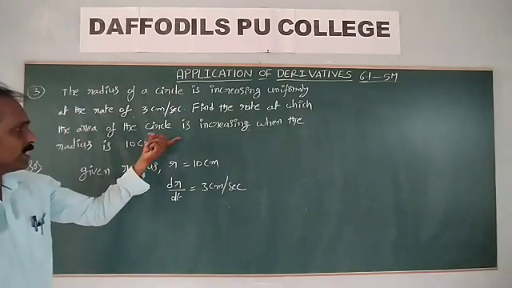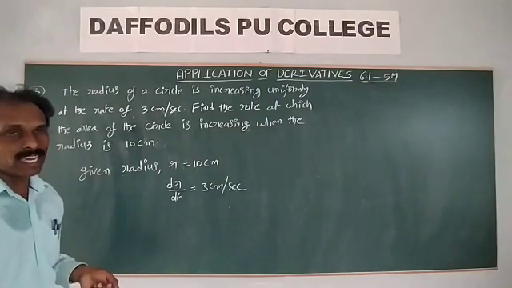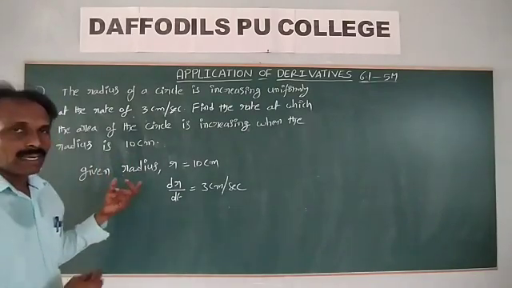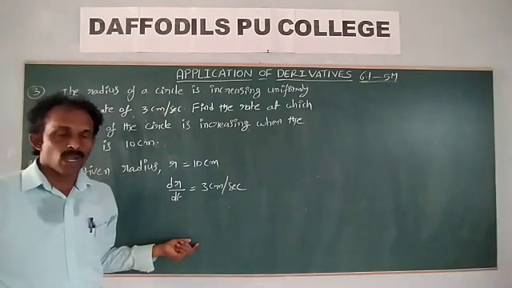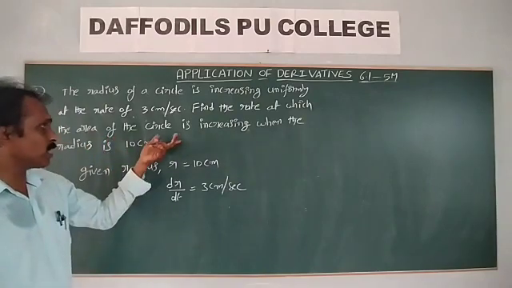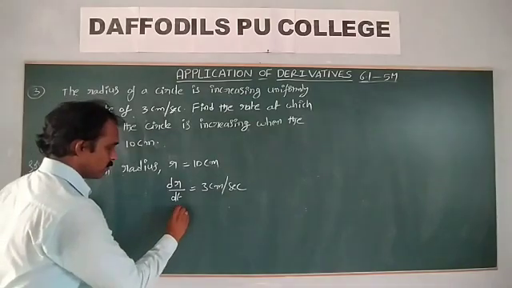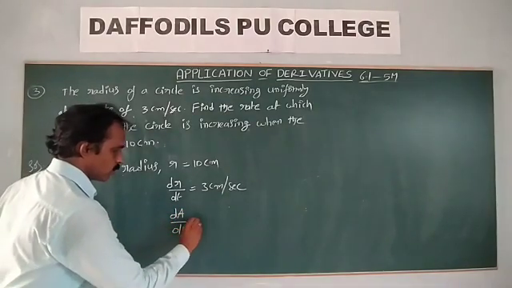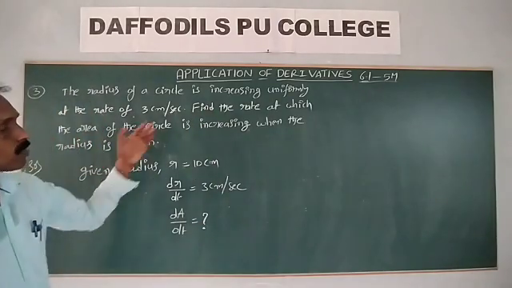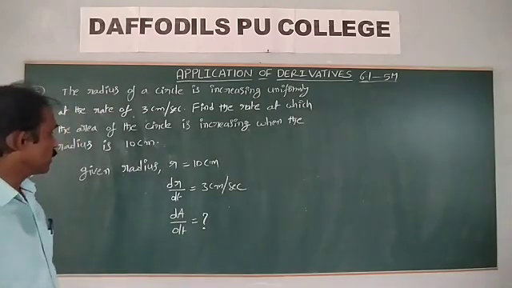Let A be the area of the circle. The rate of increase in area is dA by dt, with respect to time, and we will find dA by dt. You understand this problem, very easy.